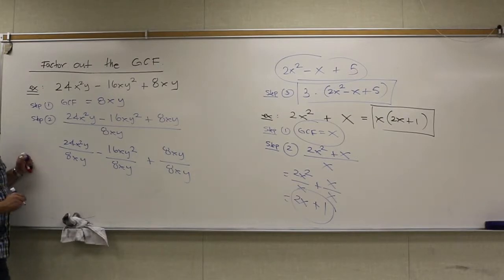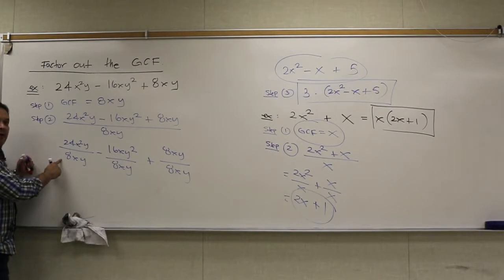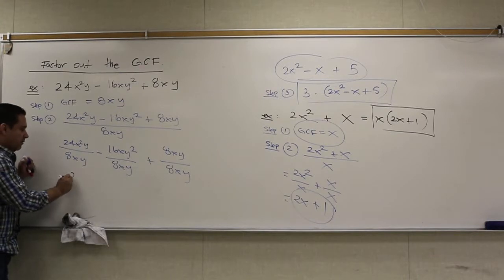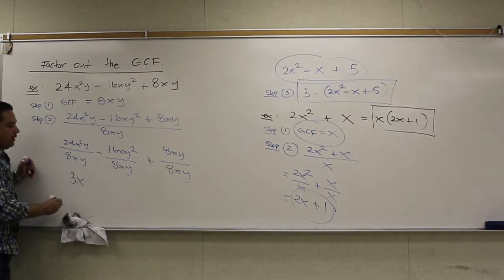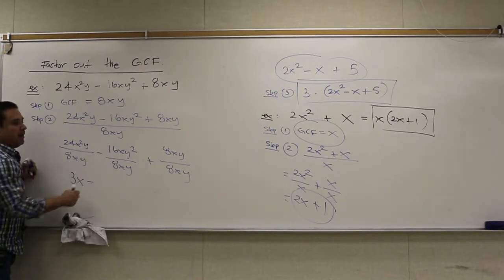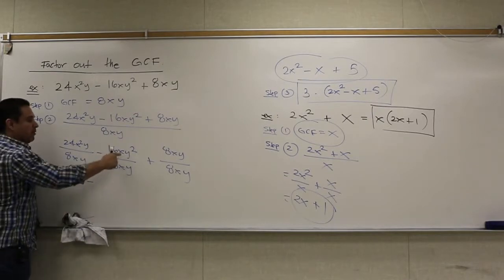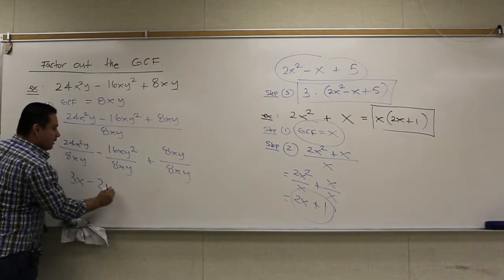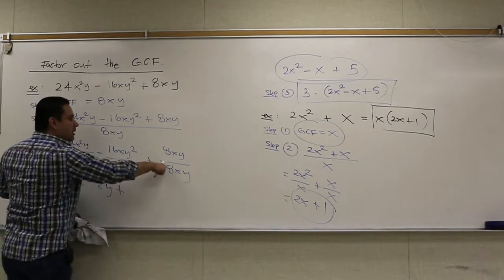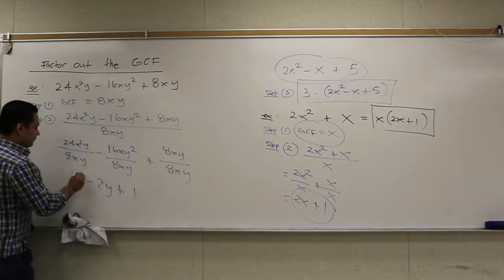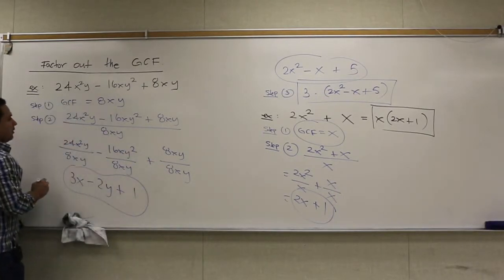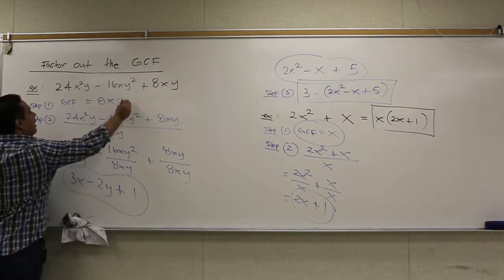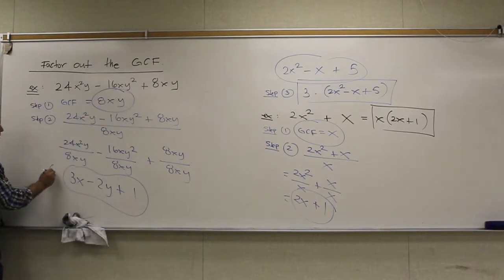What do you guys end up getting when you divide, right? What's 24 divided by 8? Everybody know? What is that? Is that 3? 3x, okay. Minus, what's 16 divided by 8? 2, and this is y squared and y. Is that 2y? Plus, what's this? 1. Here is your what? Quotient. So you got your quotient as well.